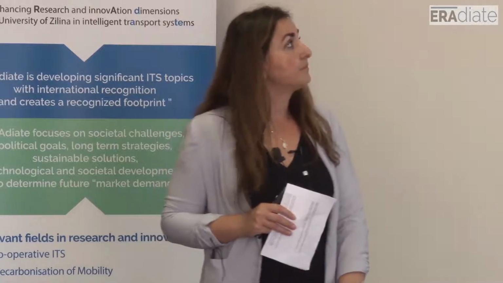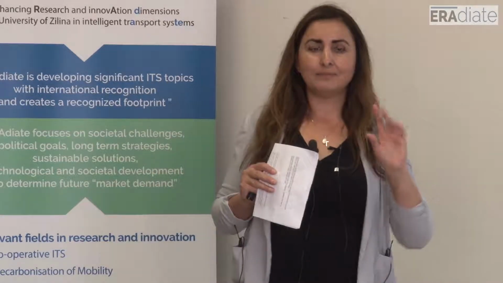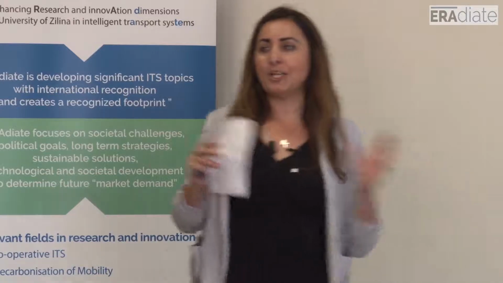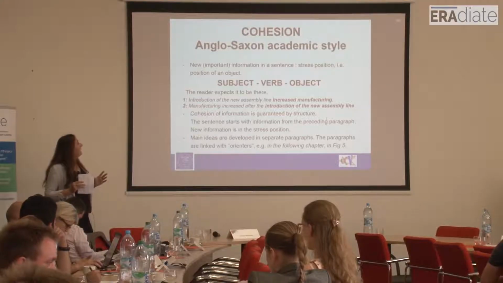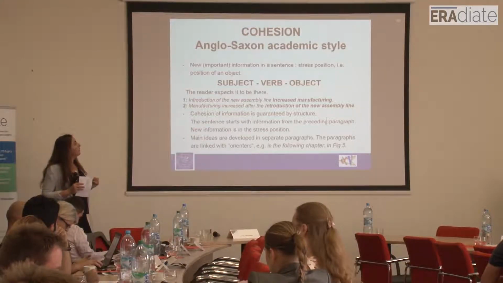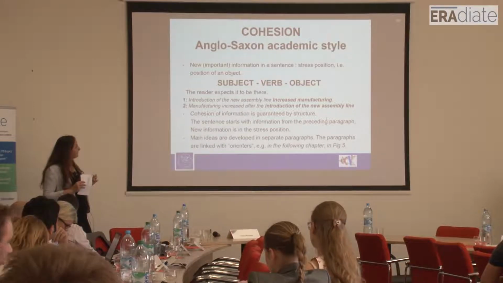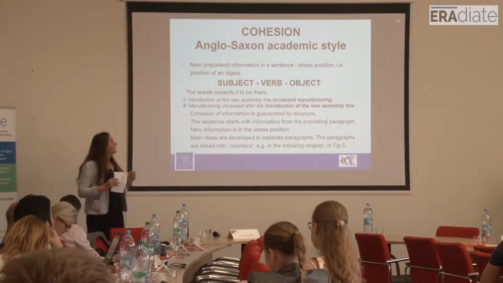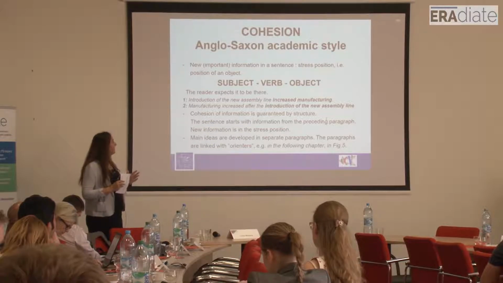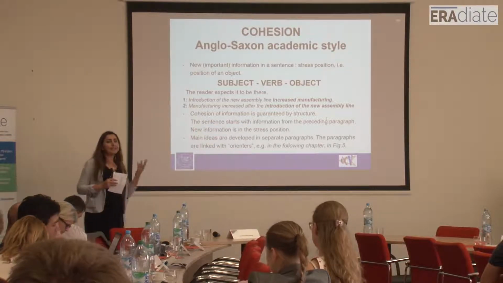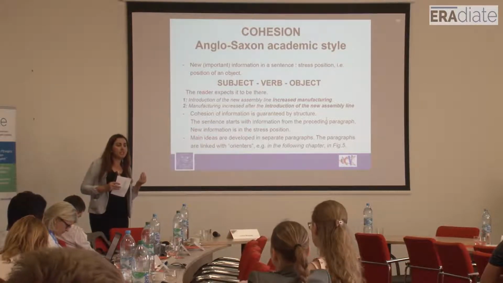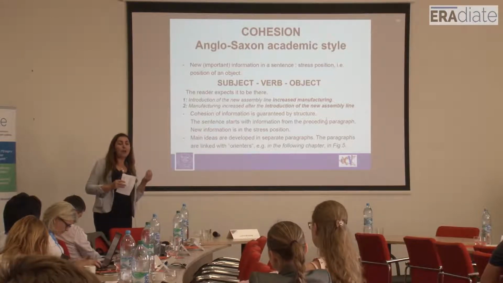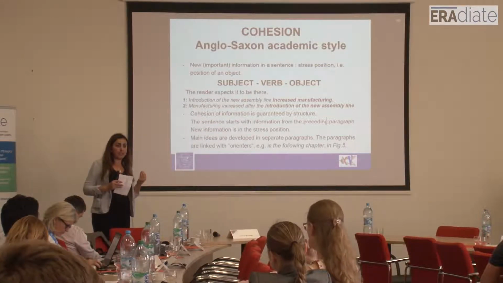And you remember I mentioned the difference between cohesion and coherence. Here we are going to focus on cohesion. In the Anglo-Saxon academic style, we've got several strategies, several ways how we can create cohesion of our text.